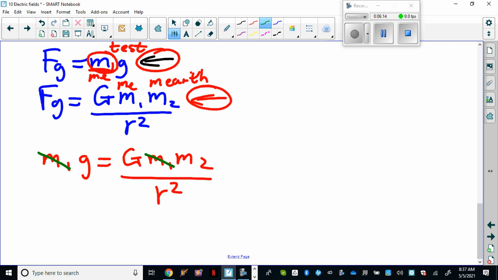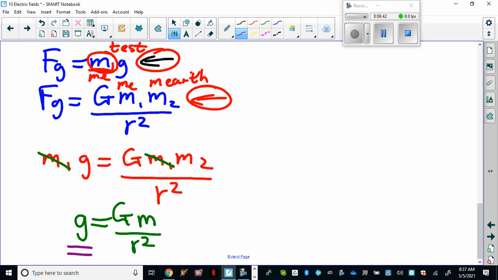And then we continued solving this formula, and we ended up with this formula here, M over r squared. And this was quite revolutionary because all of a sudden it eliminates the need for a test mass. In other words, this formula down here will calculate the gravitational field strength, in this example of the Earth, and I don't need to use a test mass.